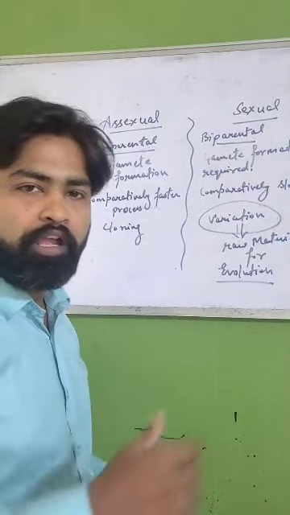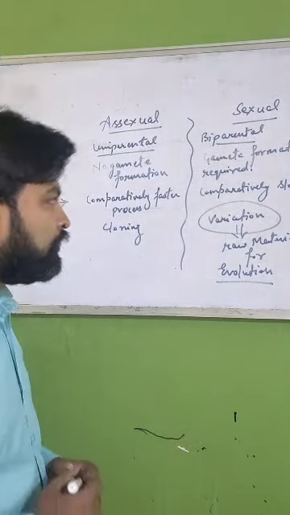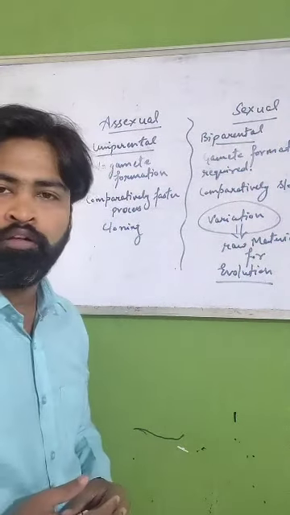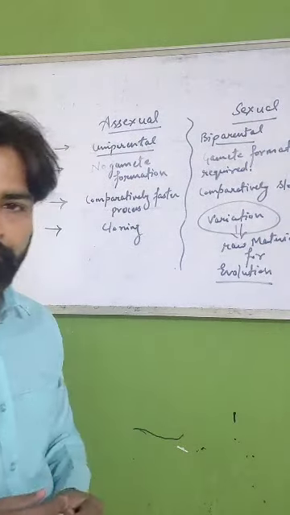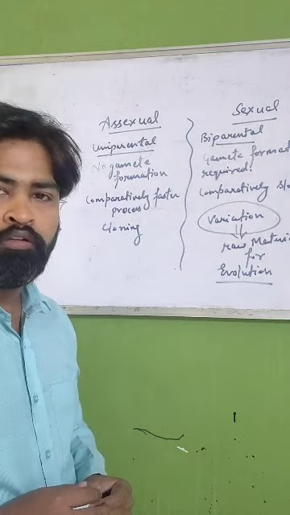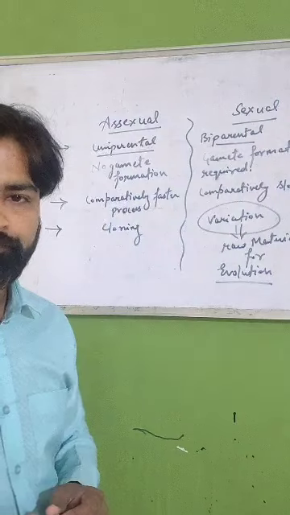Suppose we talk about a particular human being, a particular human gives birth to several offspring, and each offspring looks different. That is because of variation.